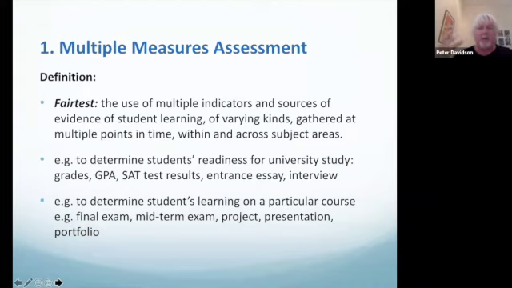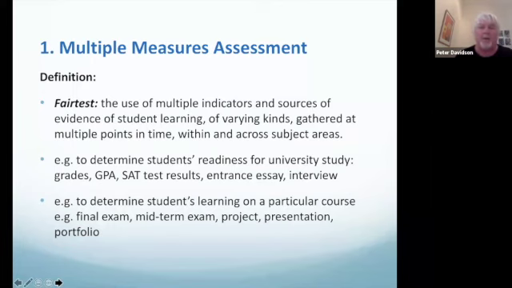So the opposite would be a single measure, a single assessment of a course at the end of the course, and one final exam, and that's it. So multiple measures is the opposite of that. It's having many assessments, different kinds of assessments with different question types throughout at different points in a course.